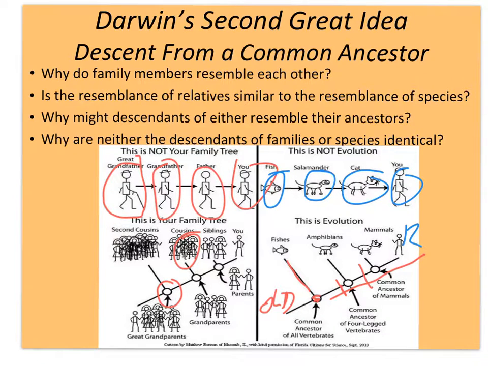And the same thing goes with species. The genes that a species might have inherited might depend on the ancestors that they inherited them from. So they're not identical. They share many features, but they also have new derived features that have been affected mainly by natural selection.